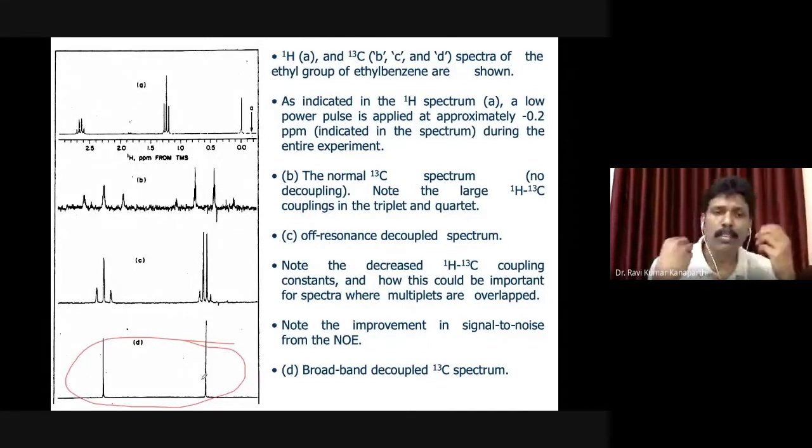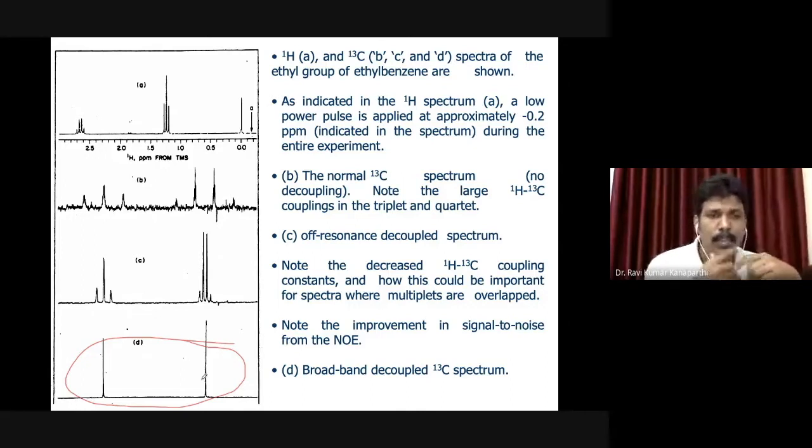The total splitting is ruled out. So there won't be any splitting. If you have one carbon, the carbon doesn't interact with the proton because we use the frequency of that proton and a broad band of resonating frequencies as a decoupler. Therefore, all the proton interaction with the carbon will be eliminated. Therefore, we see only the signal for that particular carbon.